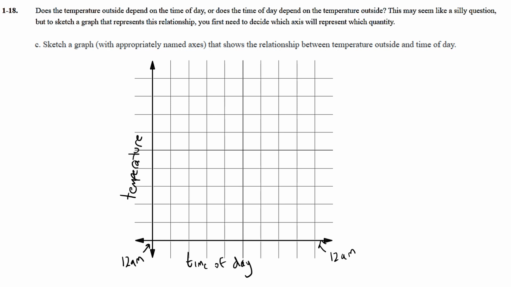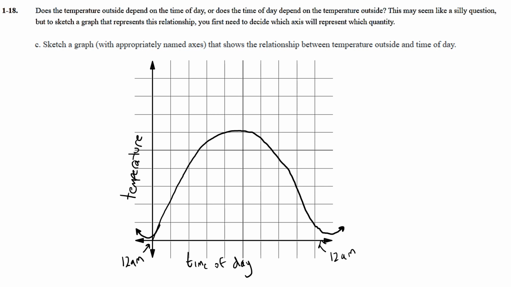And we know as we go throughout the day, this goes up, it's going to peak at some point, and then steadily go down, down, down. And then it's actually going to repeat itself. So it looks something like this. In fact, I should probably make it more like this here.